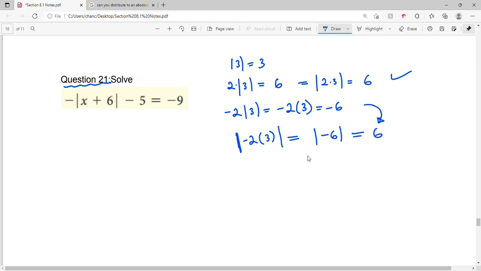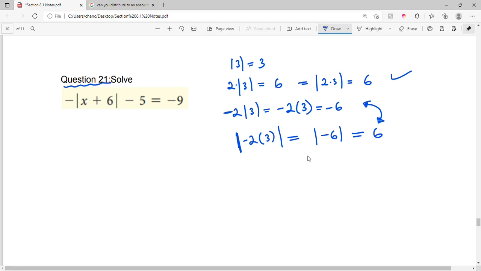So these two are different. So don't distribute into the absolute value unless it's positive. If you have to, use a positive number. But in most cases, I try to avoid distributing into an absolute value.